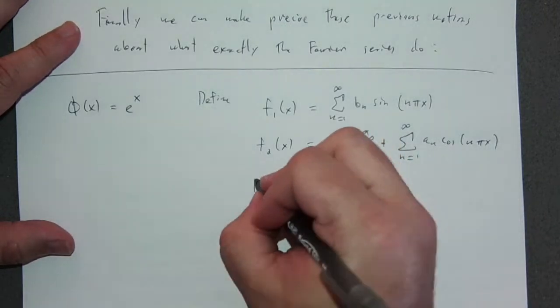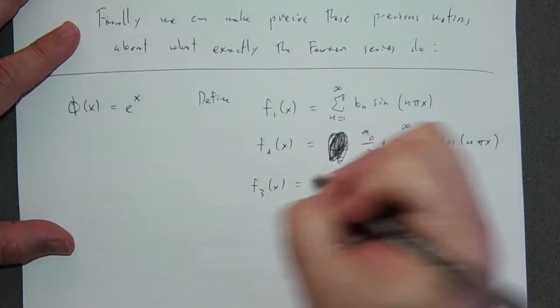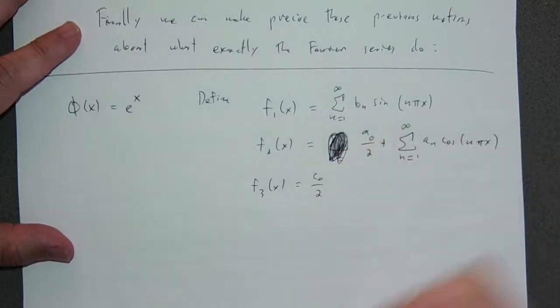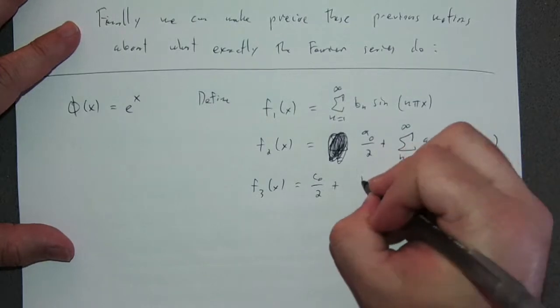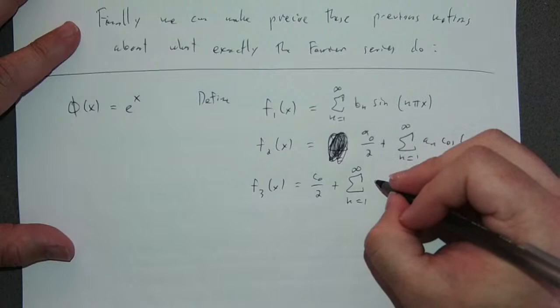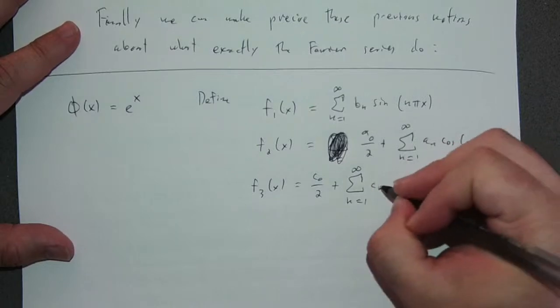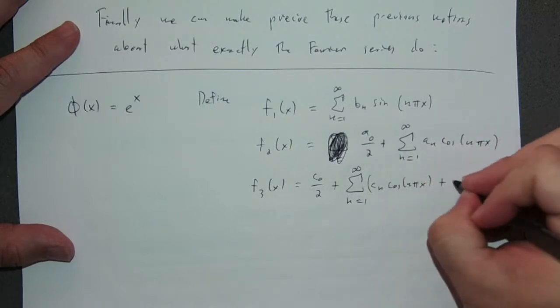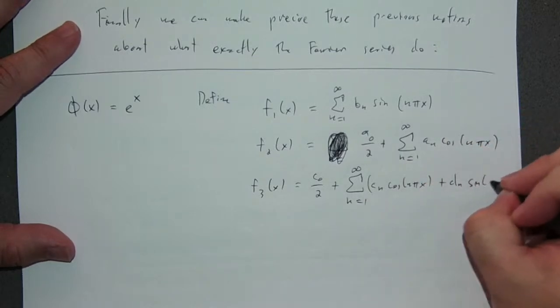And let f sub 3 be c naught over 2 plus the sum from n equals 1 to infinity of c sub n cosine of n pi x plus d sub n sine of n pi x.